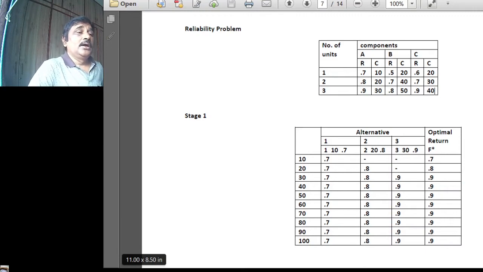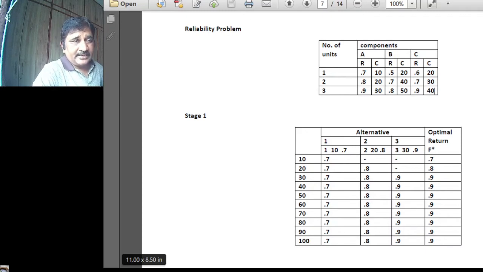Because that third alternative requires you to have minimum 30 rupees or more. So if you have 20 rupees or more, the reliability or the return will be 0.8 throughout, right? And then here, if the alternative you are able to choose, then the reliability will be 0.9. And lastly, you are collecting the optimal return for each of the states.